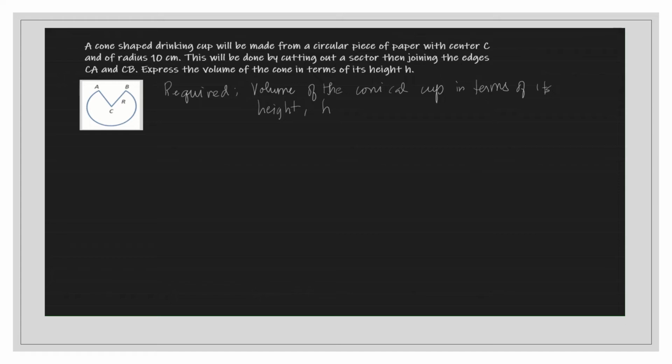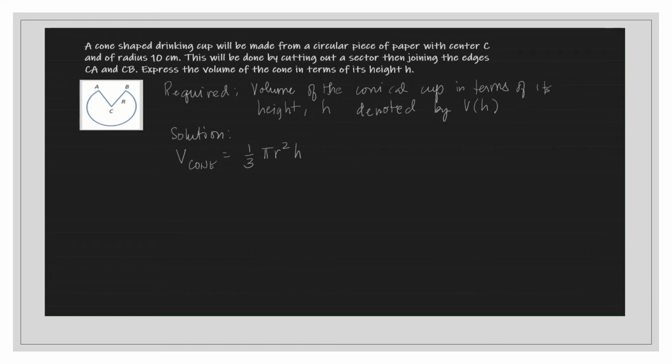So, let us denote this by V of h. Okay, so we know that the volume of a cone is equal to 1/3 pi r squared times the height.